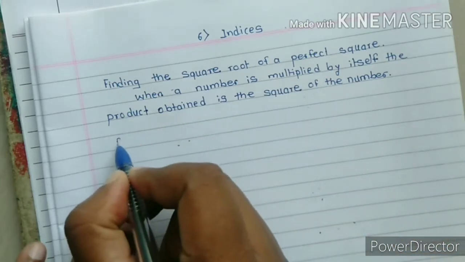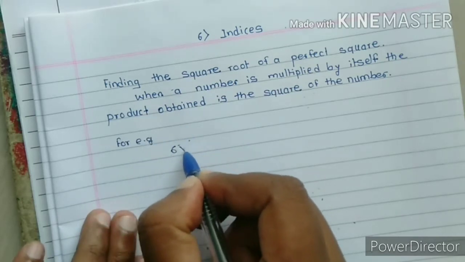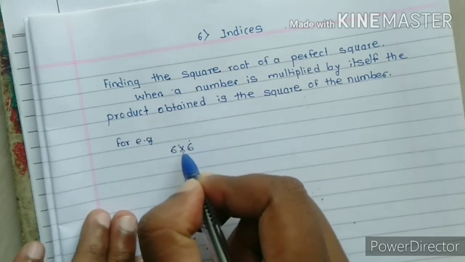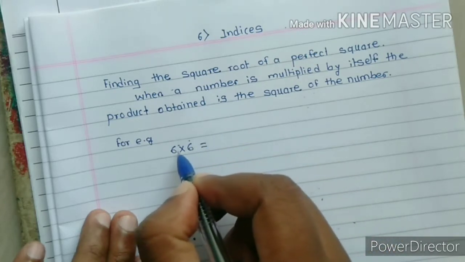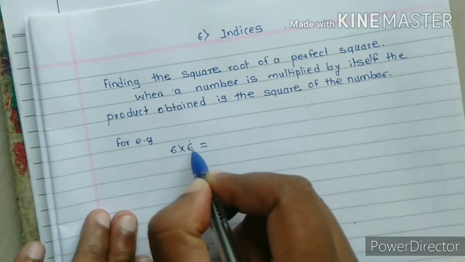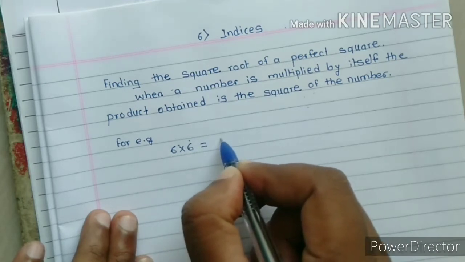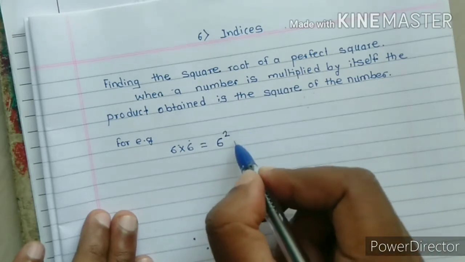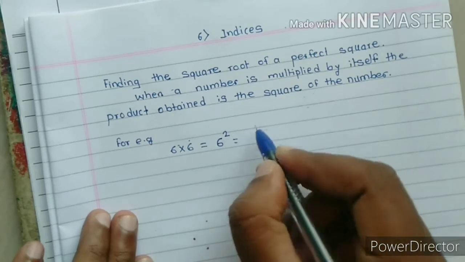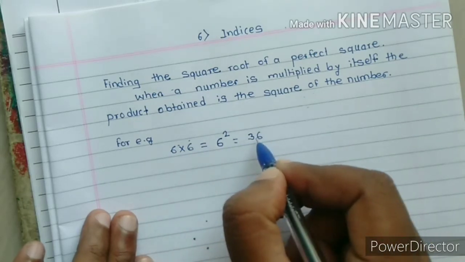For example, 6 is multiplied by itself, means 6 into 6 is equal to. You have to write down this number in indices form. It means 6 raised to 2, and the square of 6 is 36, means 6 into 6, 6 sixes are 36.